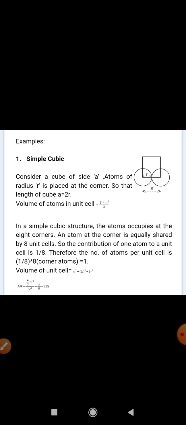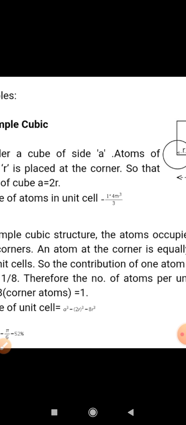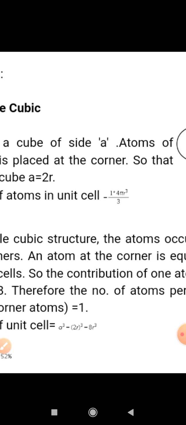In the simple cubic, SCC, type of arrangement, consider a cube having side a and let r be the radius. So the length of the cube a will be 2r. The volume of atoms in the unit cell will be 1 into 4 pi r cubed divided by 3.